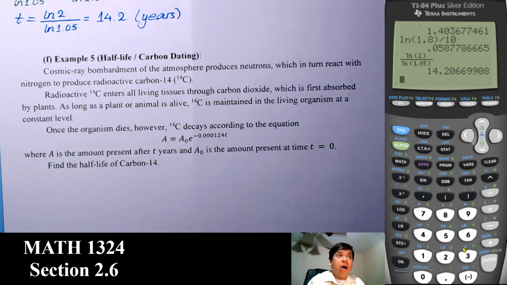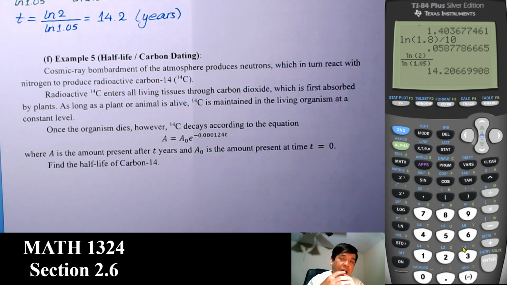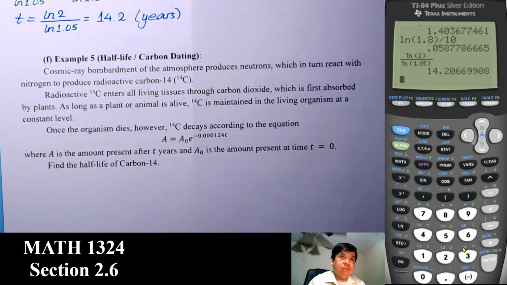When we are alive, we consume carbon-14 and carbon. But when we die, we no longer consume any carbon-14. So the clock starts, and the carbon-14 starts to decay, and the percentage of carbon-14 gets smaller and smaller. Based on that, we can compute the time since the object was alive.